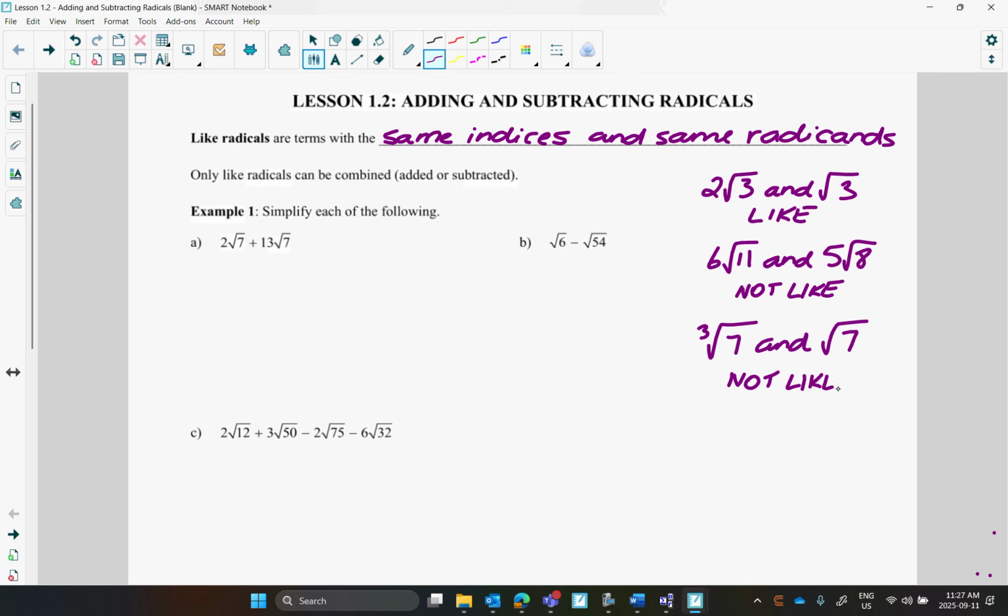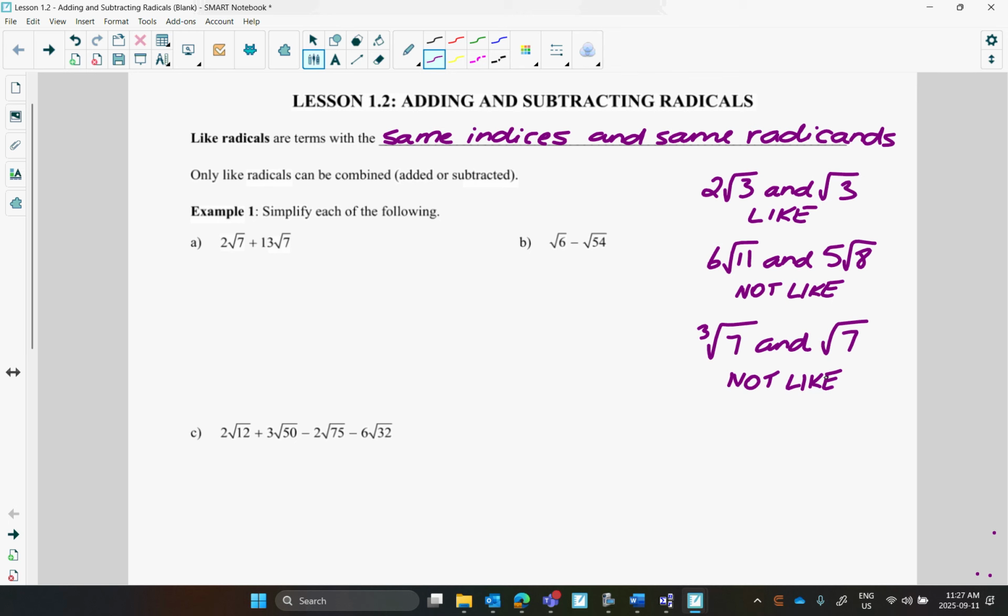Okay. So this first example here, when we're adding these two together, are they like? Yes. So just think of it this way. You've got 2 root 7s. Imagine what a root 7 would look like. I don't know. A circle, a ball, a square, something. You got 2 of them, and you add 13 of them.